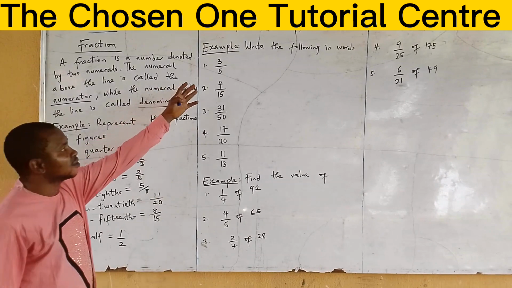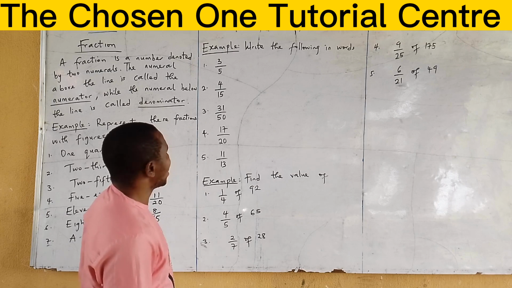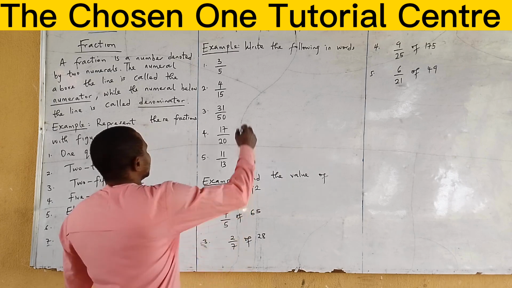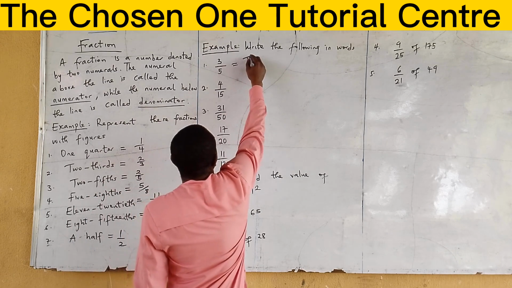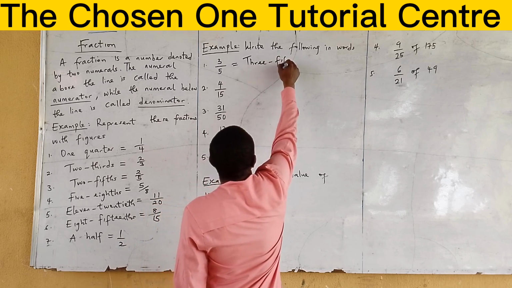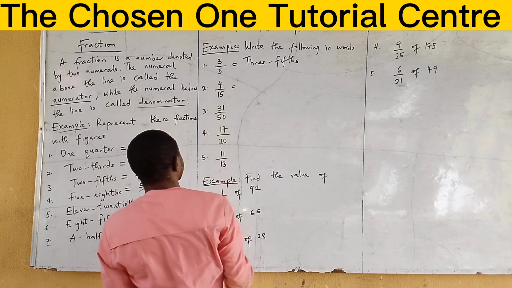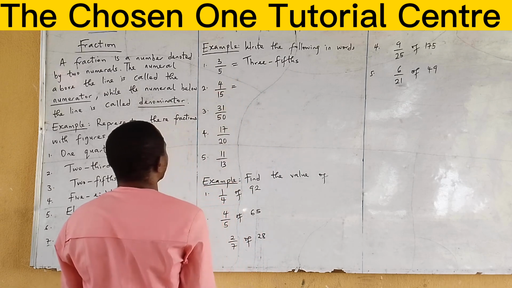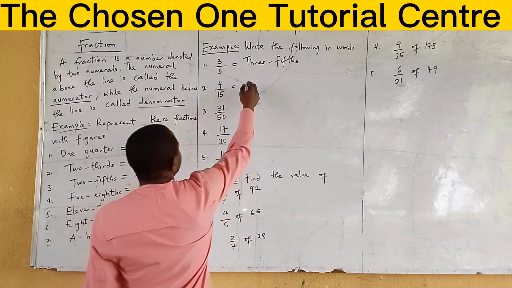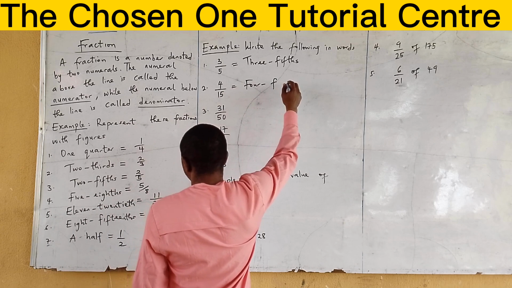Let's write these fractions in words. This will be 3/5. Then here we have 4/15. Now with 4/15.